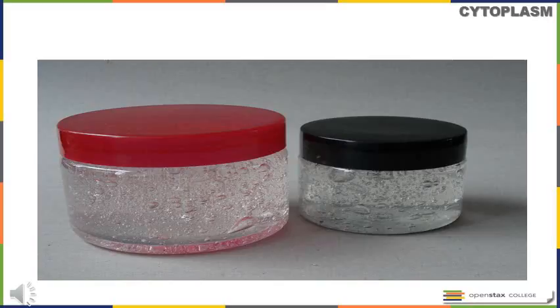Spherical is the word I was looking for. They're not totally spherical, but the gel inside them, you can see the bubbles are suspended within the gel substance, and you can think of those bubbles as organelles, and that's how the organelles work inside the cytoplasm. They have this suspension to them. They're suspended in this hair gel, or actually in the cytoplasm.